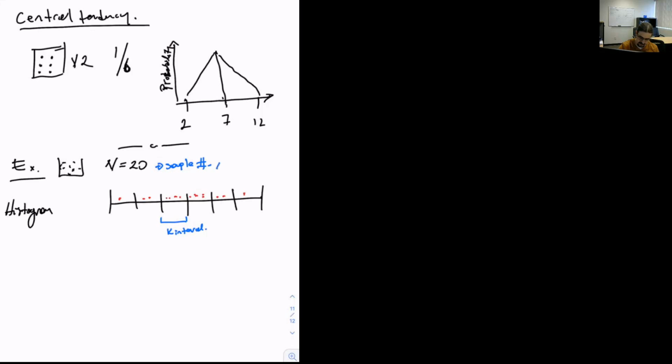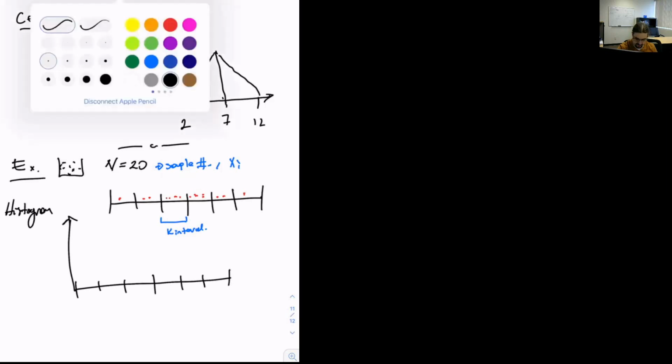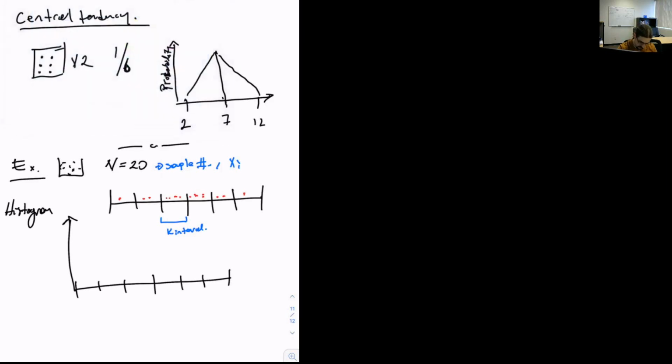Each measurement is called xi. Then the number here is going to be defined by nj. This number is the number of times xi falls within a certain k interval.